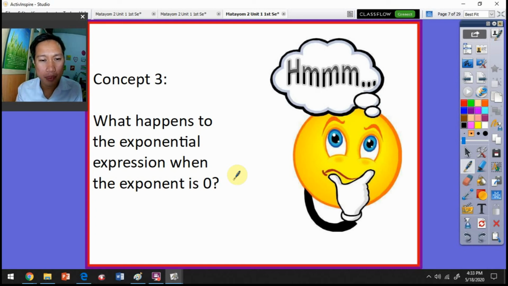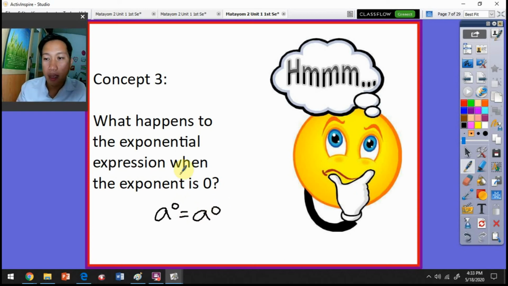What happens to the exponential expression when the exponent is 0? Is it a to the power of 0 equal to a to the power of 0? Yes or no? That's what we're going to check out today.